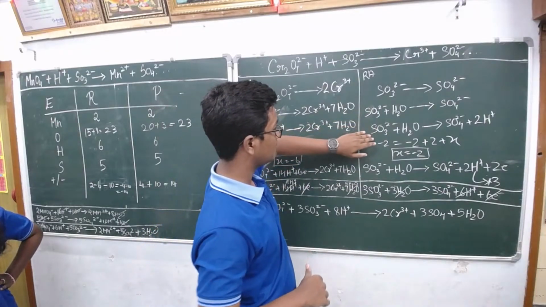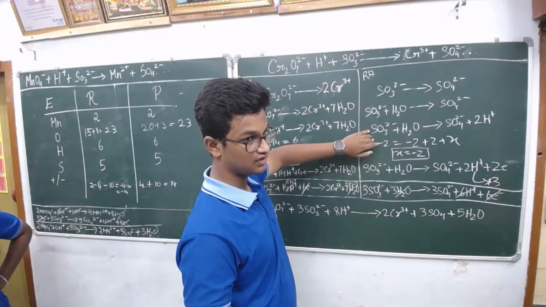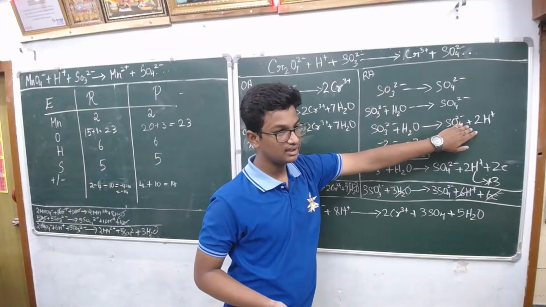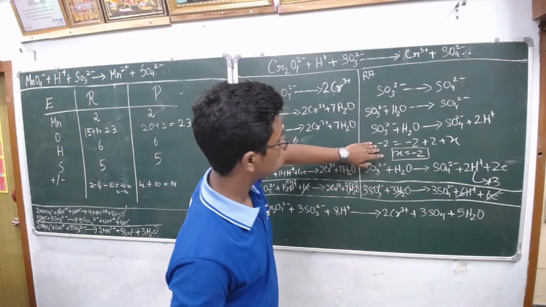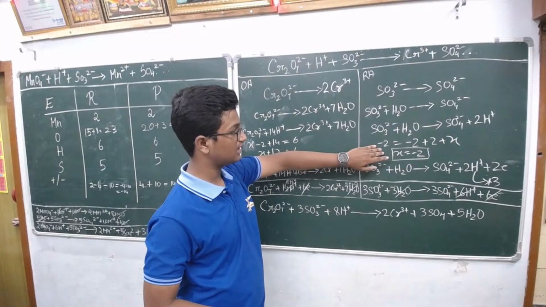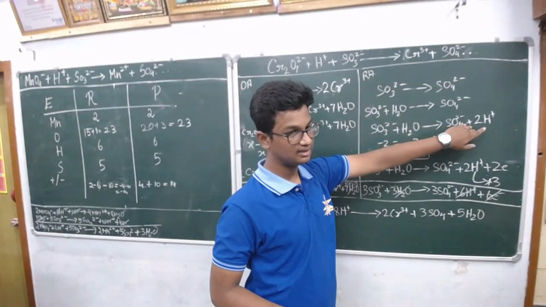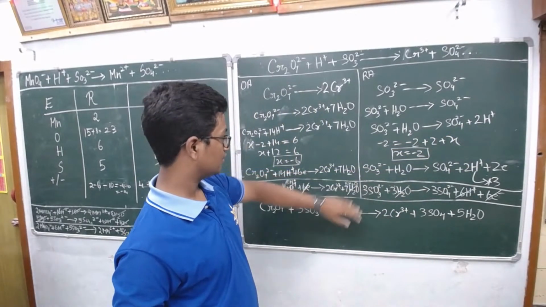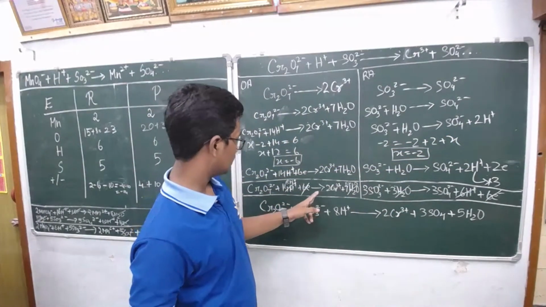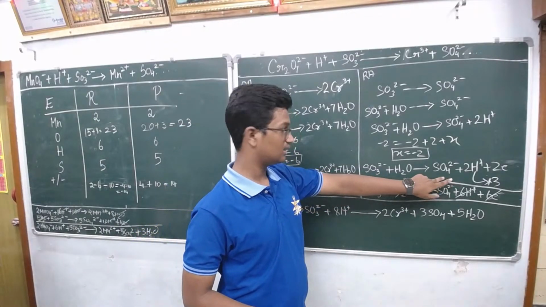And then we are adding hydrogen in the hydrogen deficient side, which is the right side, sir. And then by doing algebraic method, we are finding the charge and putting it on the right side, sir. So we need to cancel out the charge. We are multiplying 3 in the reducing agent, sir.